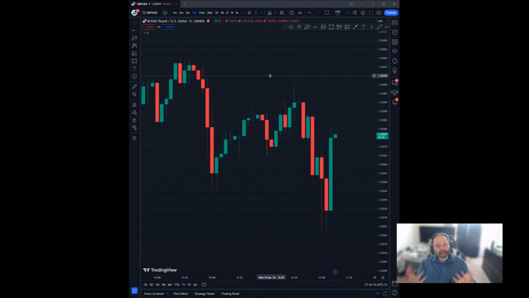Now, the pairs that I pick depend on what market we're working at. For example, when the Tokyo market opens, the Sydney market is also open. So you have the New Zealand dollar, Australian dollar, and Japanese yen. Those three currencies are open, so they're going to have a lot of volatility or movement, correct?